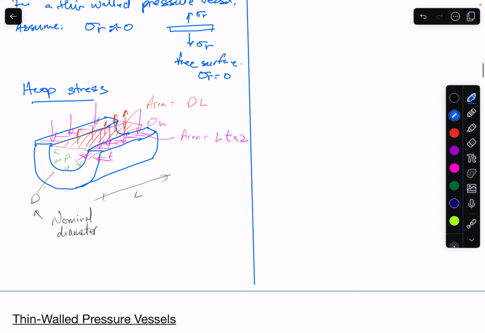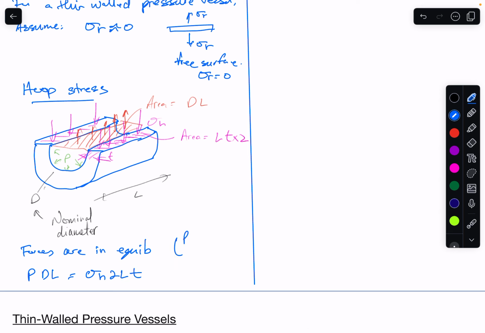So we could now balance. We say that the forces are in equilibrium. So we could say pressure by area, d L, is equal to sigma hoop times that area.